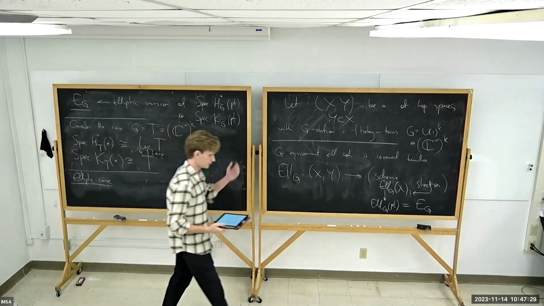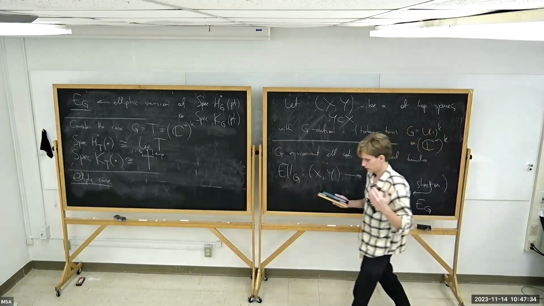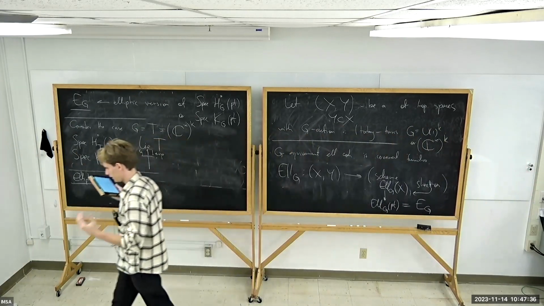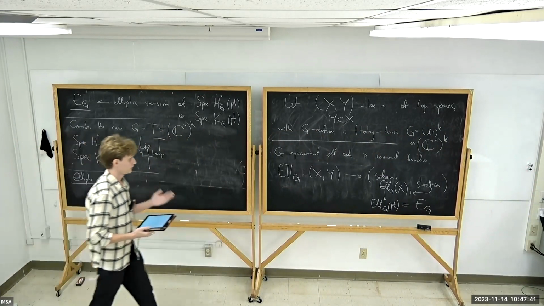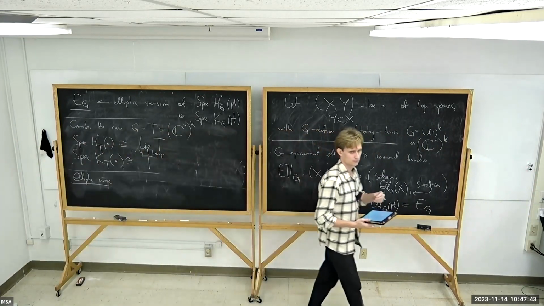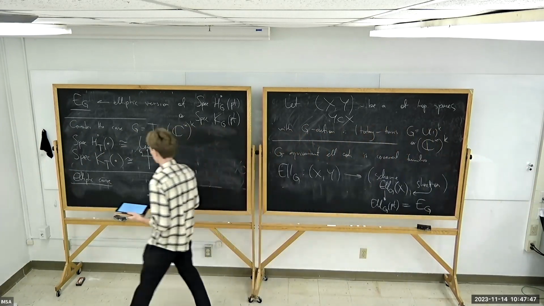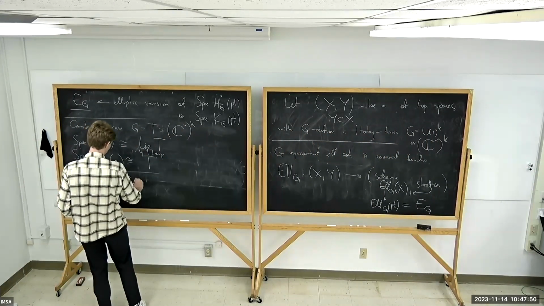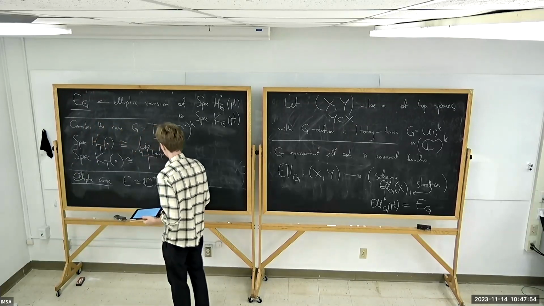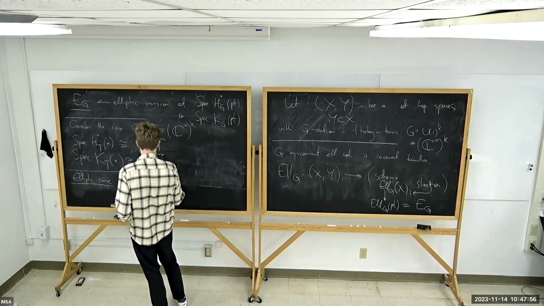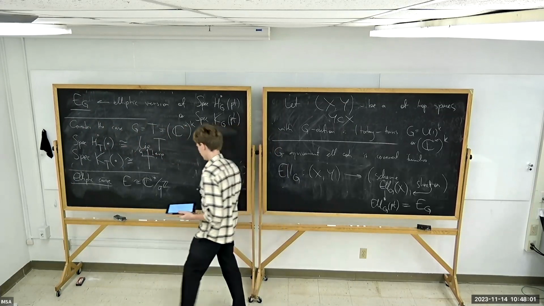Usually when people talk about elliptic cohomology, they are interested in how elliptic cohomology varies when we change the elliptic curve used to define it. However, for today's story this is not important, so we can fix a single elliptic curve over C. For today, the elliptic curve is just going to be C star quotient q to the power Z, where q is a complex number.